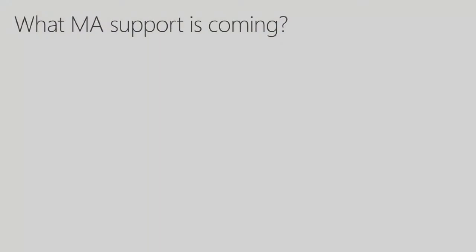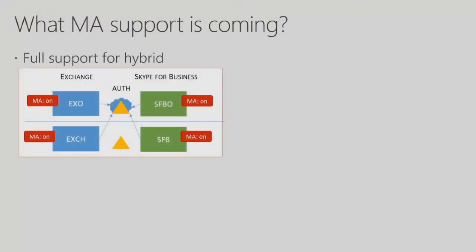Okay, now let's switch a little bit. So that's what we support in general availability today. What's coming in the near future, okay? So what we are working on is supporting this topology, so basically enabling full support for hybrid, meaning modern auth is turned on in all 4 of the servers.